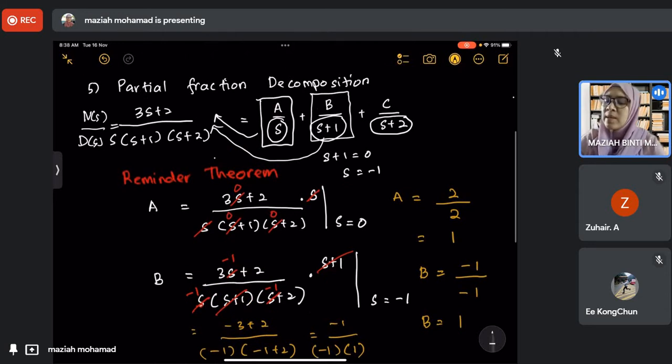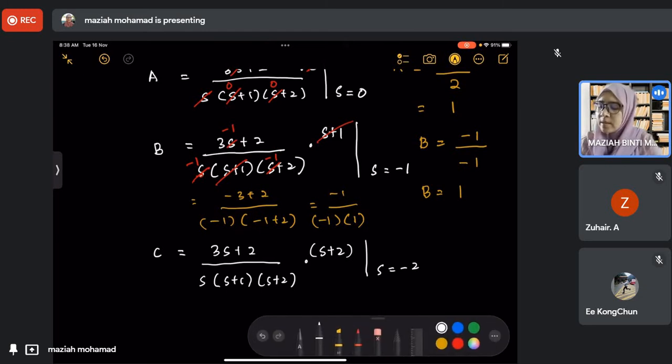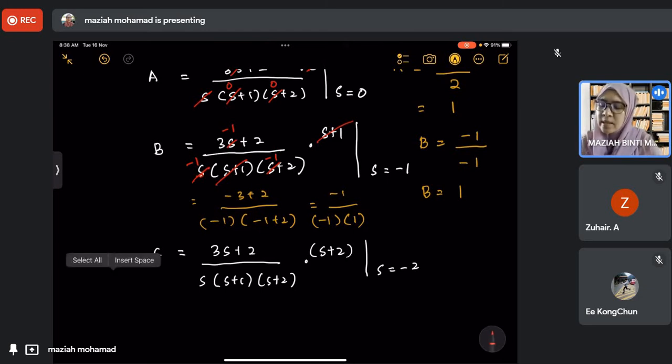Again similar, S plus 2 equal to 0, so S equal to minus 2. So we apply the cancellation, and we can cancel this with this one. Then this one will become minus 2, this one will become minus 2, this one will become minus 2.